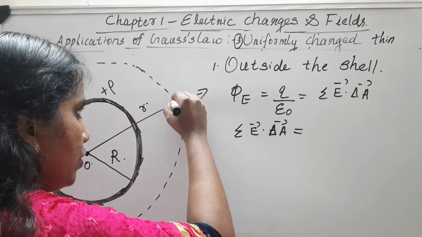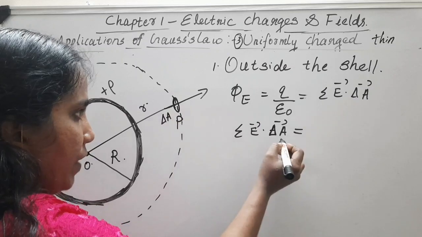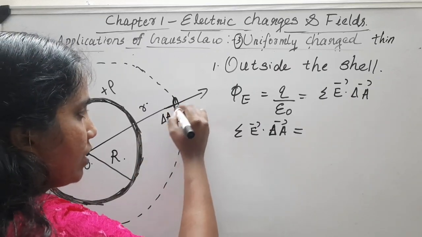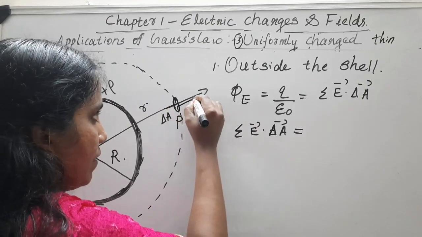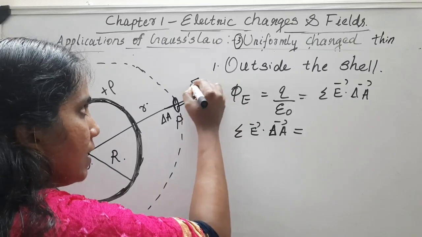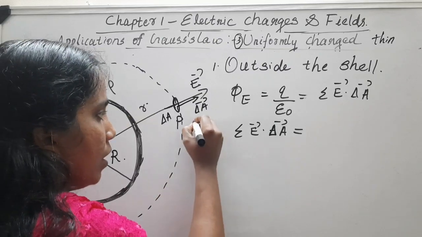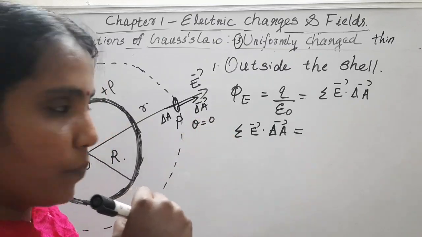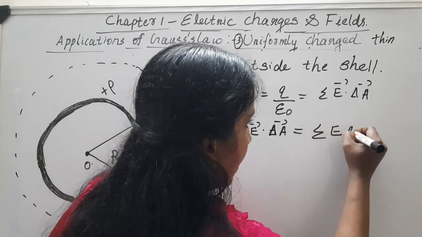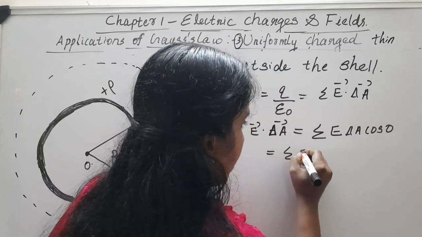Now we assume a very small area element delta A. The area vector will be radially outward, the outward normal. So here the electric field and delta A are in the same direction, so theta equals 0. So summation E dot delta A becomes summation E delta A cos 0.